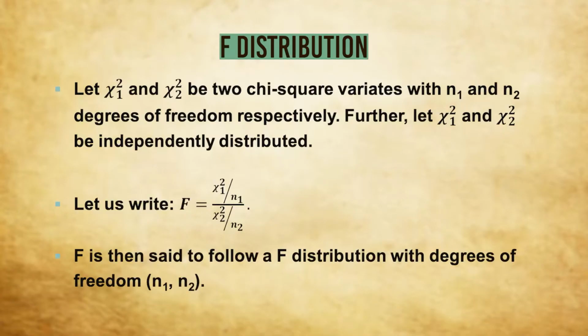Now mind you, unlike chi-square and T distributions, F has got 2 degrees of freedom, n1 and n2. What is n1? The degrees of freedom of the chi-square in the numerator, and n2 is nothing but the degrees of freedom of chi-square in the denominator. So we write, as you can see in the slide, F has got the degrees of freedom n1, n2 within parenthesis.